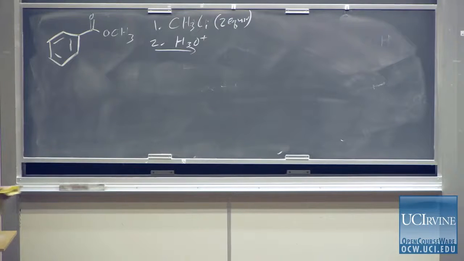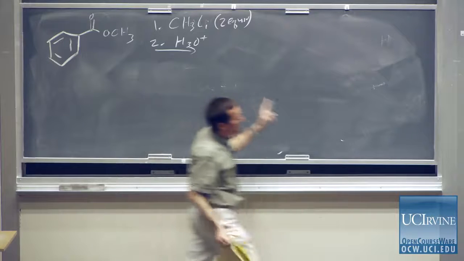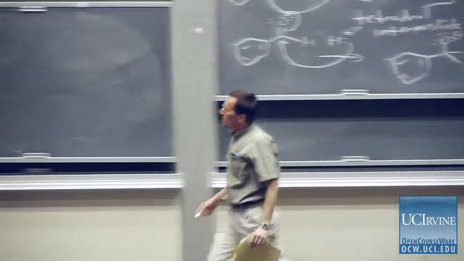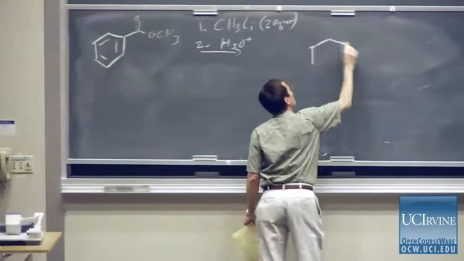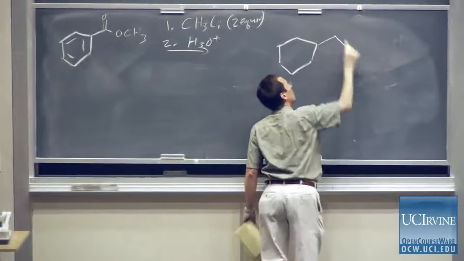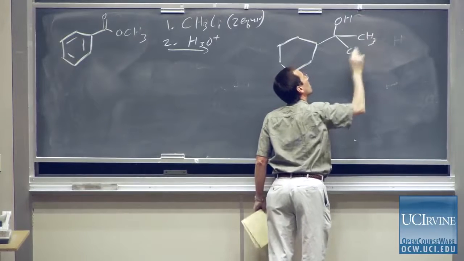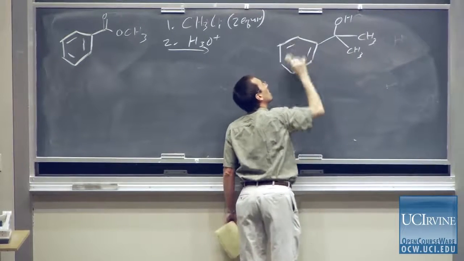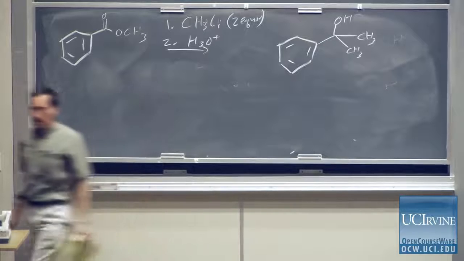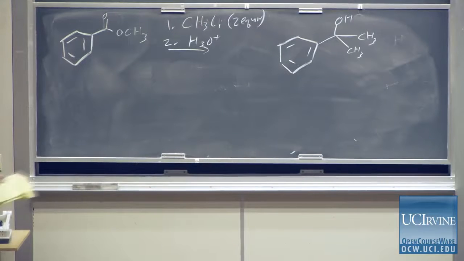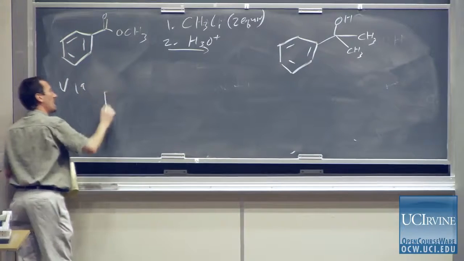And the product of this reaction now, instead of adding in 2 hydrides, instead of adding in 2 hydrogens, we've added in two methyls. It's essentially the exact same thing. And so now we've gotten an alcohol as our product in which we've added in two methyl groups. The reaction's going to go just like on the other one.